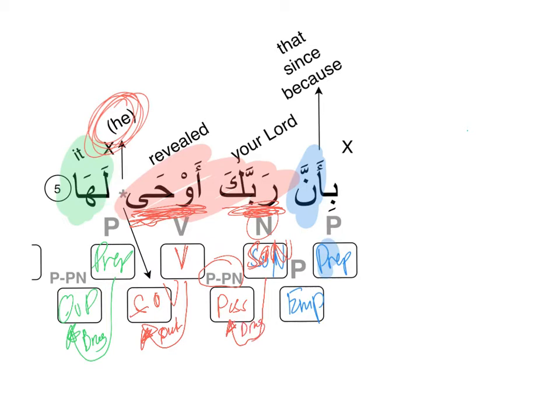And then anna, okay? Anna, like inna, would be lifting whatever comes after it, which is the subject of the nominal, and anna would be pushing the predicate of the nominal if it's a noun.